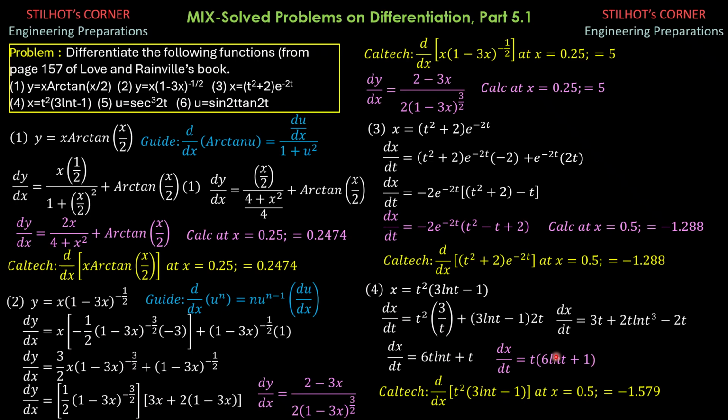Also, this expression, this answer, is evaluated at t equals 0.5. It's negative 1.579. Because the calculator uses the variable x, it represents this variable t here, so it doesn't matter. Same is true here. Calculate at x equals 0.5, that represents the variable t also there.